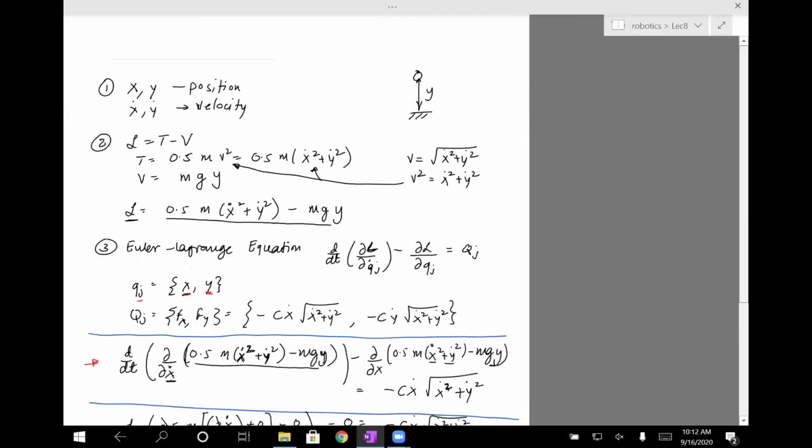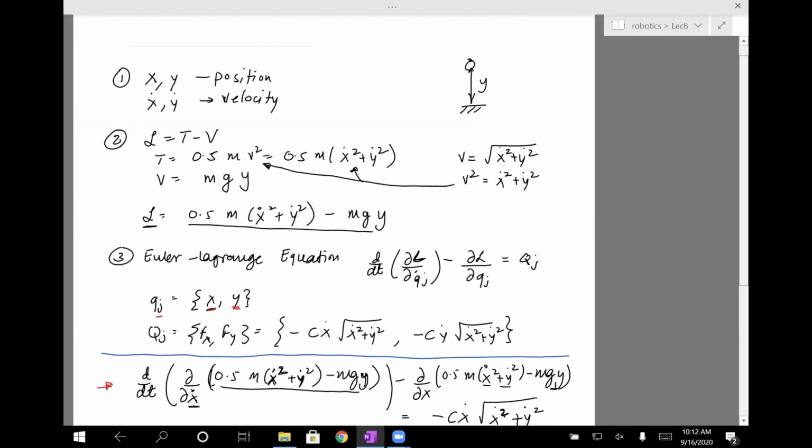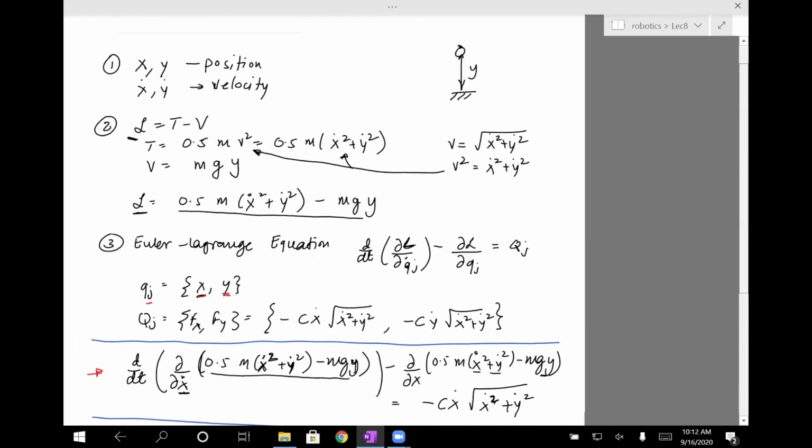From two classes back, I wrote down the formula for the Lagrangian, and then I need to use the Euler-Lagrange equation, right? So I'm going to basically copy this Lagrangian formula. So it's 0.5 m times velocity squared minus mgy.